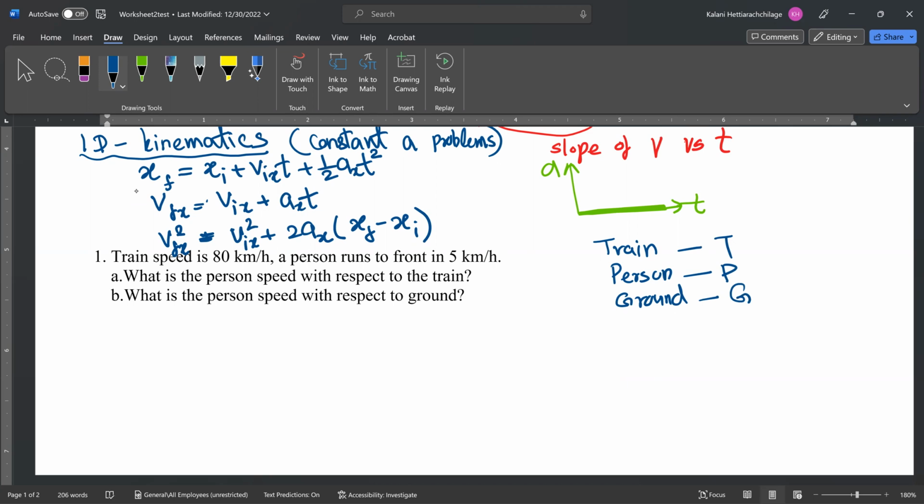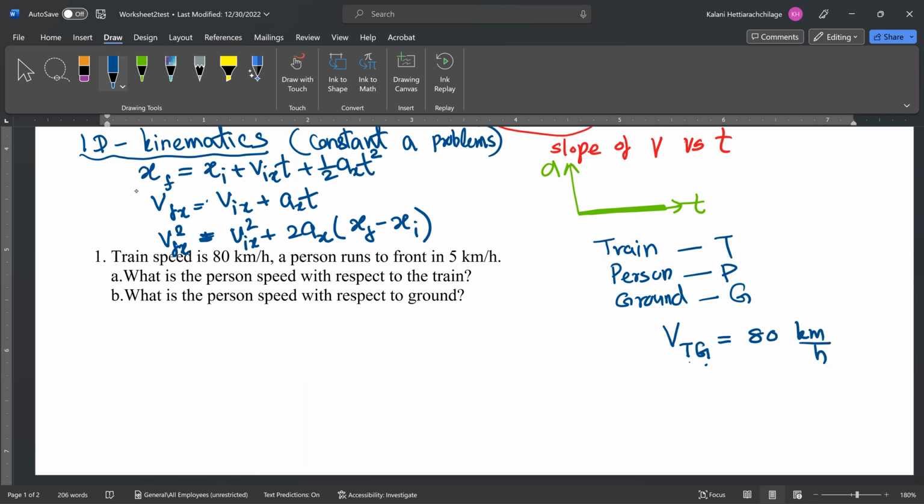So now let's write what is given. This notation is very important. Train speed is 80 kilometers per hour. That means we're going to use the velocity symbol for that: velocity of the train with respect to the ground. First letter is the object, so the velocity of the train with respect to the ground is given as 80 kilometers per hour.